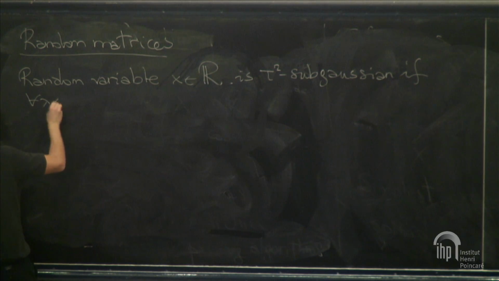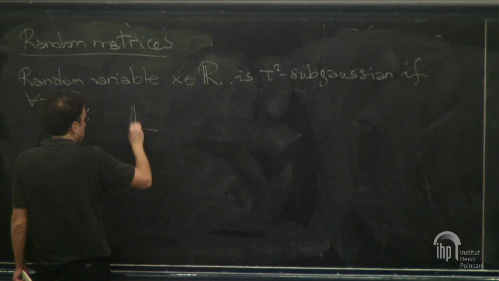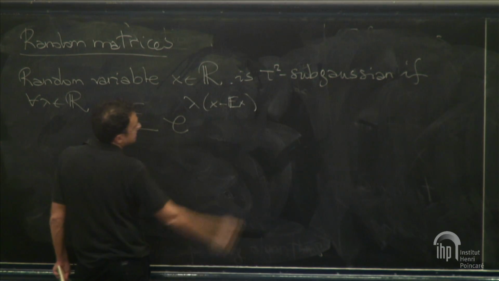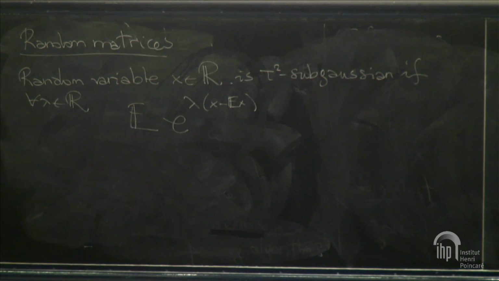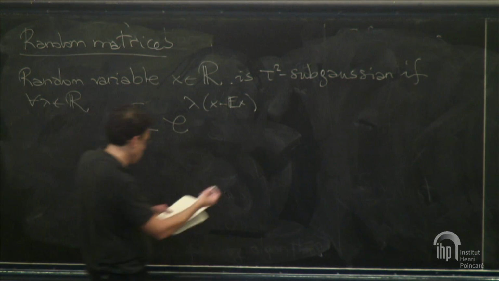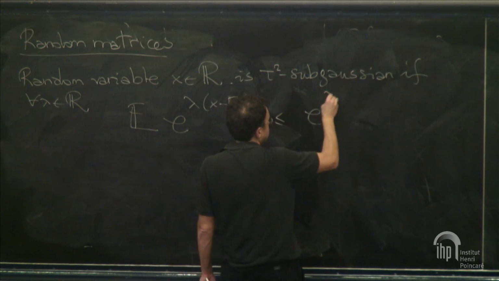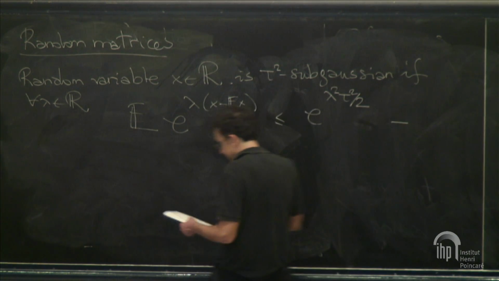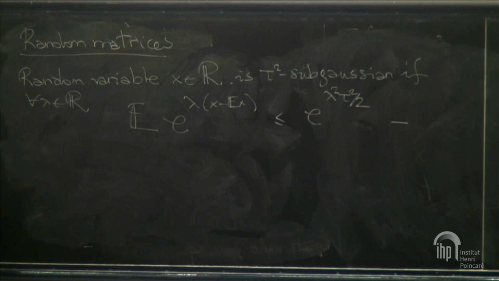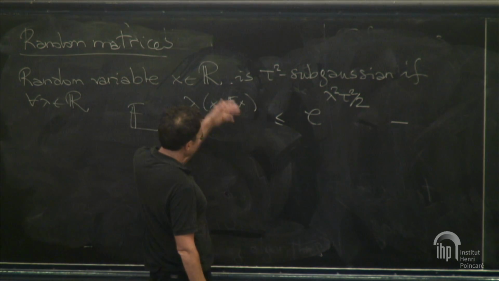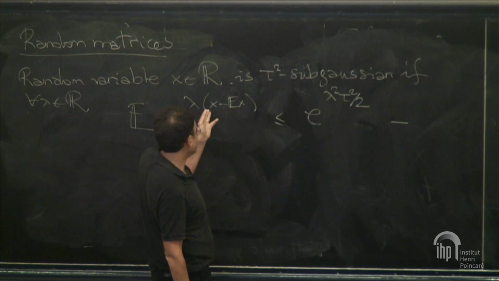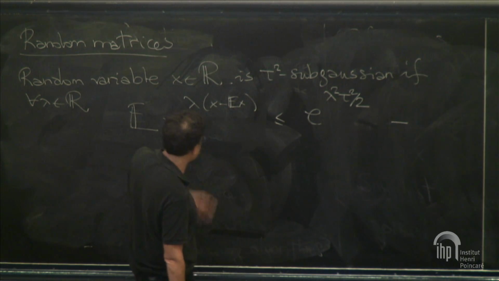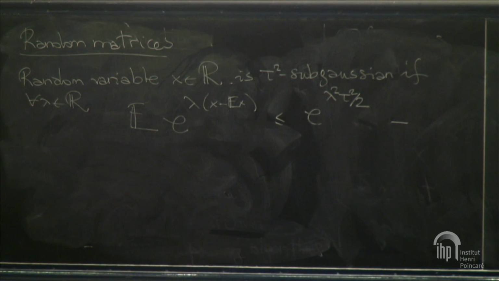For any lambda a real number, center the random variable, and then look at the moment generating function. This is bounded by the moment generating function of a Gaussian with variance tau square. So for large lambda, the moment generating function is dominated by large deviations of x with respect to its mean. So this statement is basically about the tail of this centered random variable.